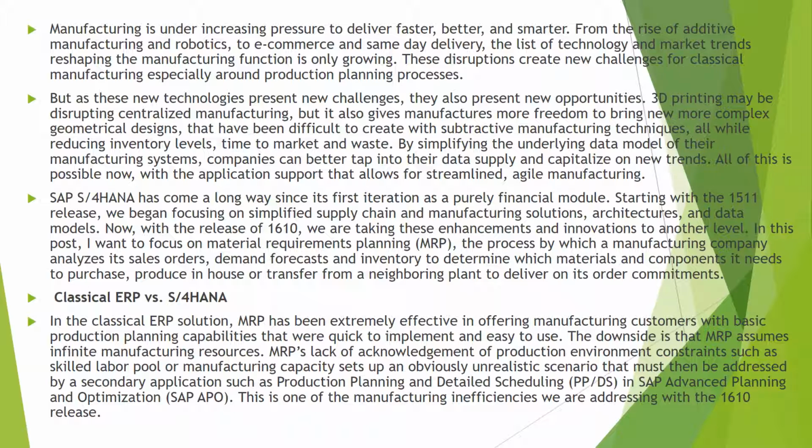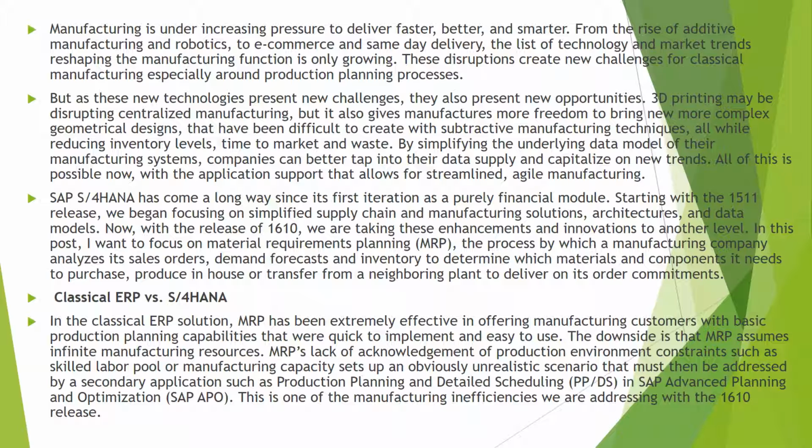So the main difference between classical ERP and SAP S/4HANA: in the classical ERP solution, MRP has been extremely effective in offering manufacturing customers basic production planning capabilities that were quick to implement and easy to use. The downside is that MRP assumes infinite manufacturing resources.